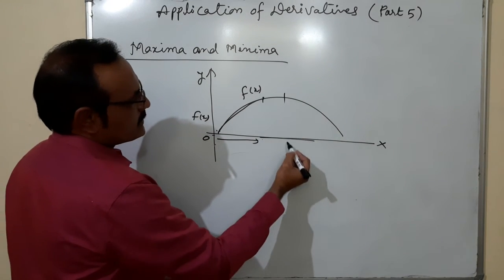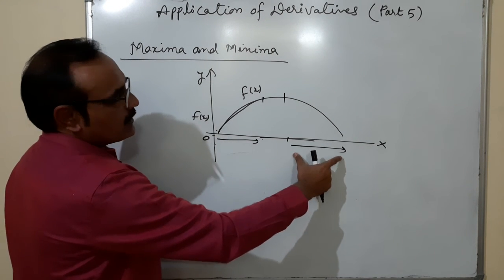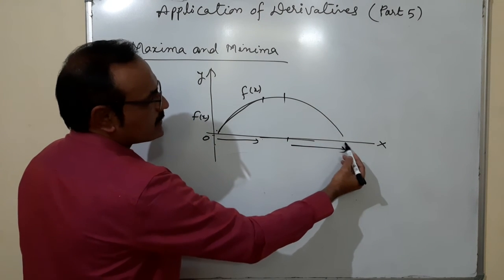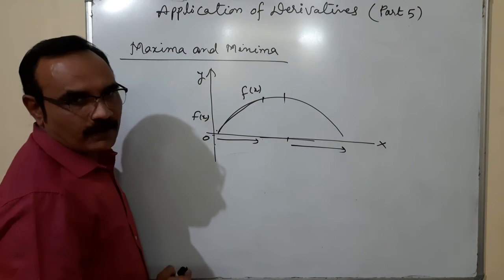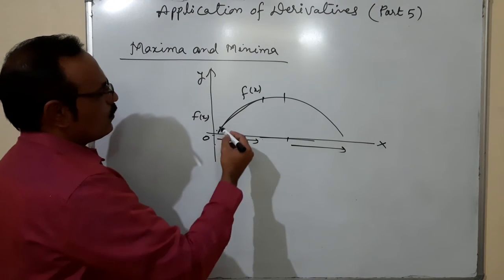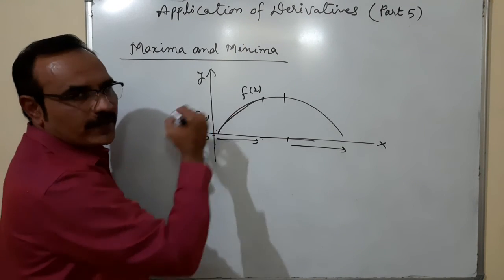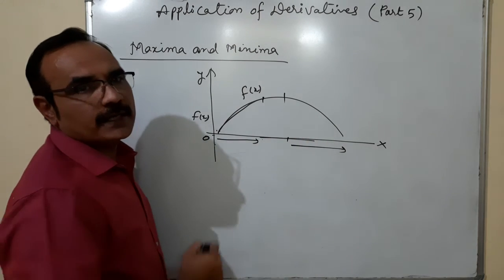But in this interval of the curve, you can see that x is increasing, but f of x is decreasing. So in a single function there are two conditions. One, when x is increasing, f of x is increasing. Second, when x is increasing and f of x is decreasing.